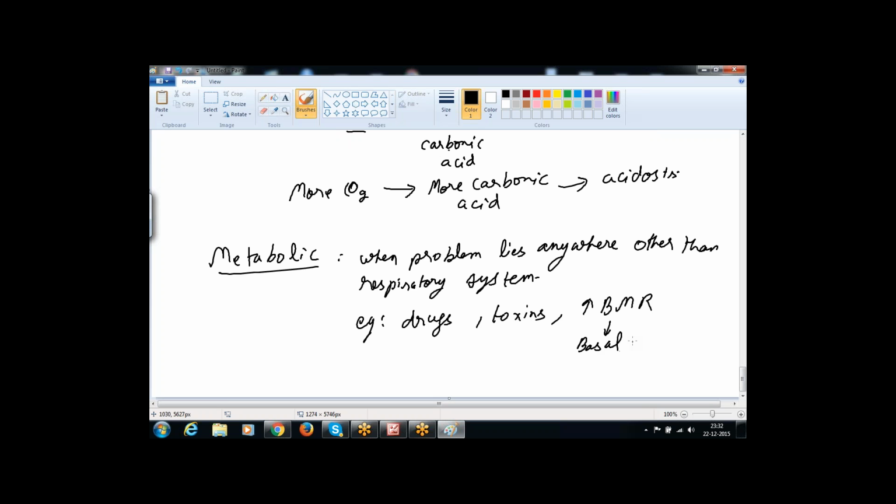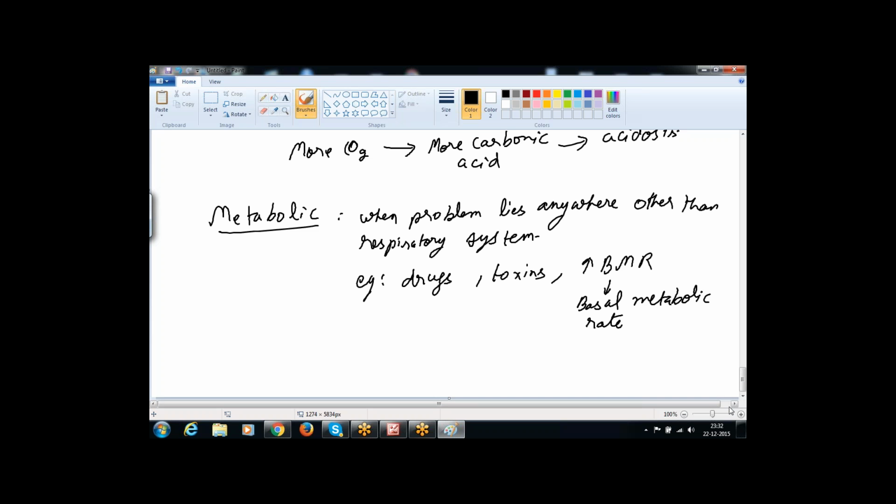If the metabolic rate of the body increases, a lot of carbon dioxide is produced. Carbon dioxide is produced in metabolism. So if metabolism becomes fast, there will be a lot of carbon dioxide. More carbon dioxide simply means more carbonic acid.